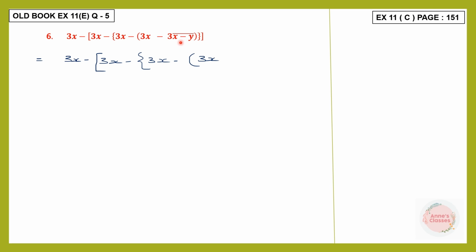So now look at the sign before this bracket. You have a minus sign. So the sign of both these terms will change. So plus 3x will now become minus 3x and this becomes plus y. So minus 3x plus y. So we remove the bar bracket. Let's close the parenthesis, the curly bracket.